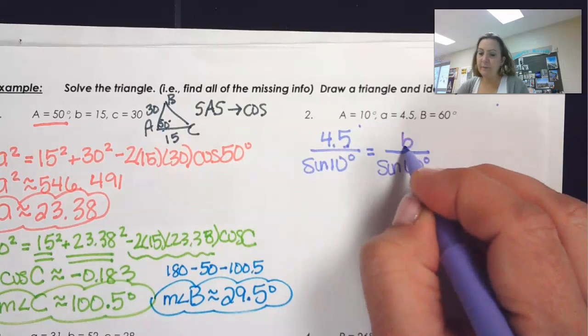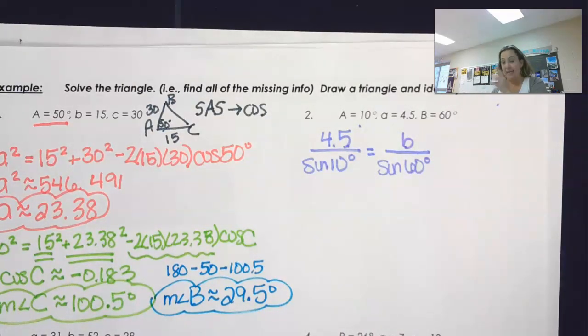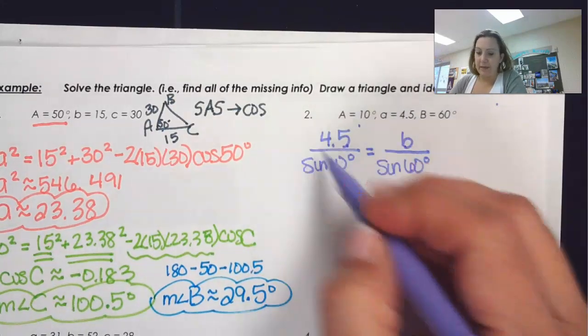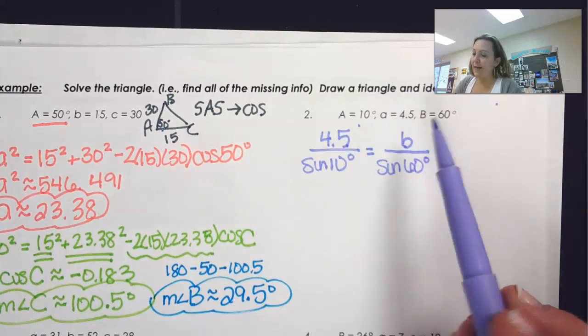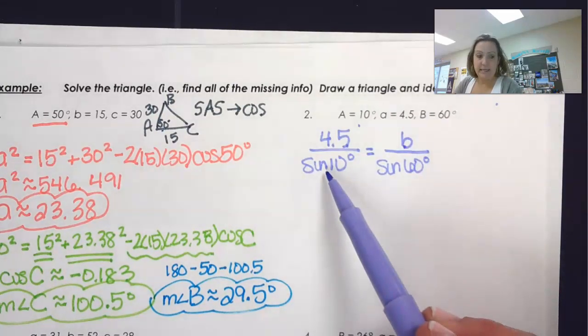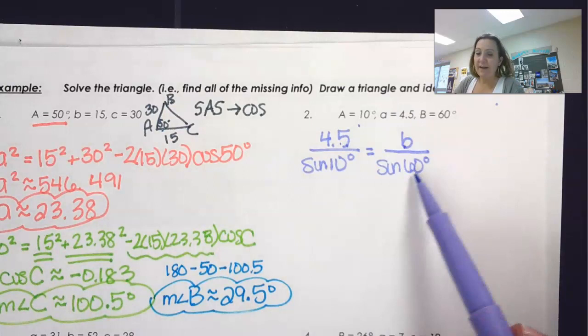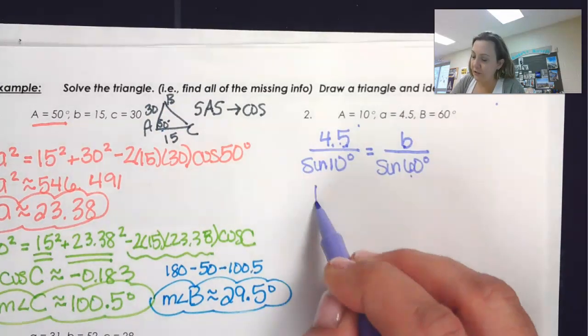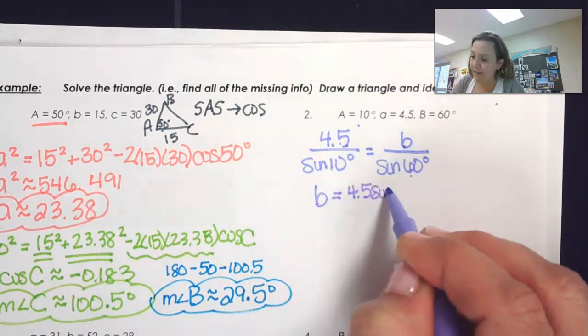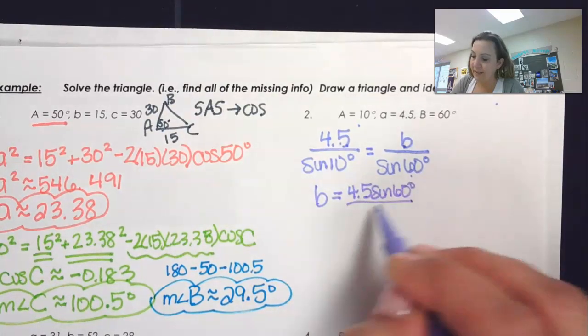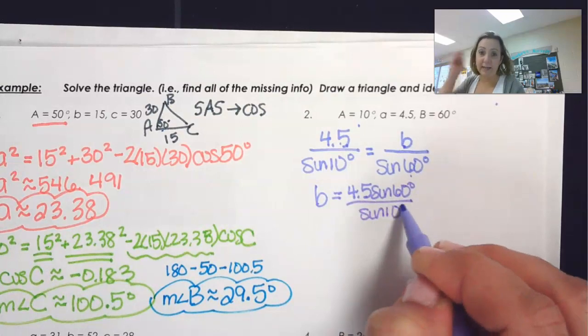And since that was angle B, I'm going to have side B up top. And then the beauty of the law of sines is that we just solve by cross multiplication. What you can see is that we would have b times the sine of 10 equals 4.5 times the sine of 60. So essentially b would be 4.5 times the sine of 60 degrees, all divided by the sine of 10.